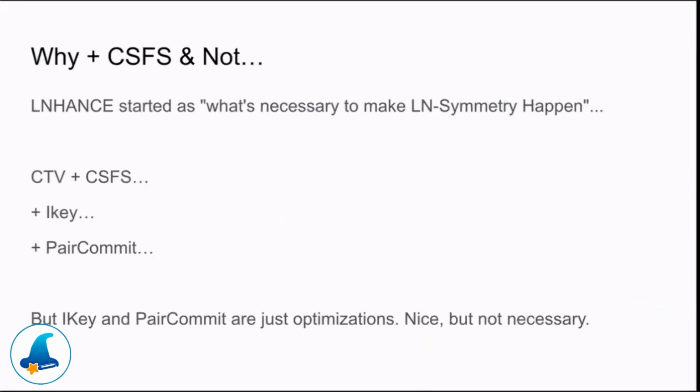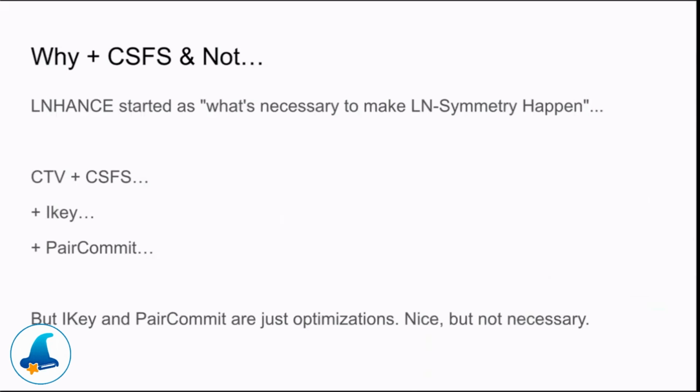L-enhance is a proposal that is what's necessary to make LN-Symmetry happen. At its core, it really is CTV and checksig from stack. There are a couple of other optimizations that would be nice to have, but they're just that: optimizations. If they're going to require more conversation from the community, we could spend a long time on optimizations, and maybe people have run out of steam on that.